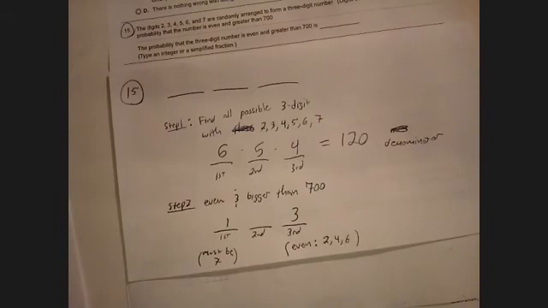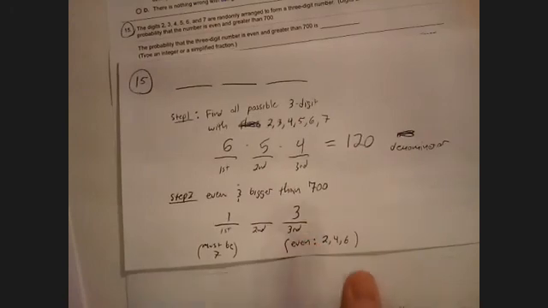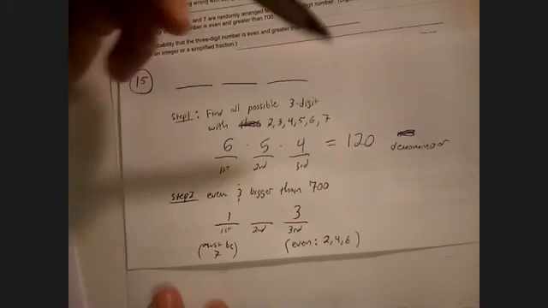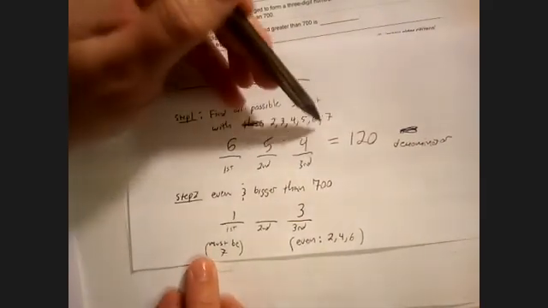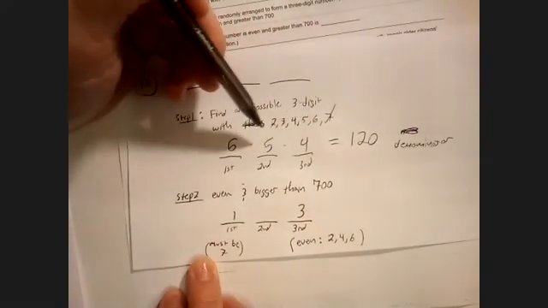Now here's the thing. I've chosen a number here, and for the last spot I've only chosen 2, 4, or 6. I just put one of those there, which means I still have all but this 7 and one of these, and I still have 2 of the even numbers.